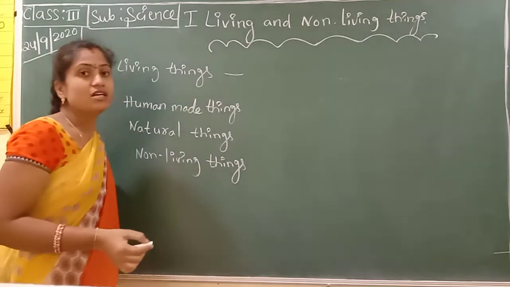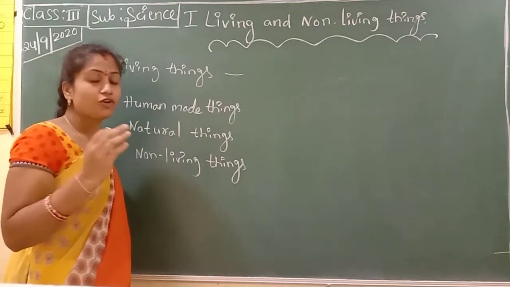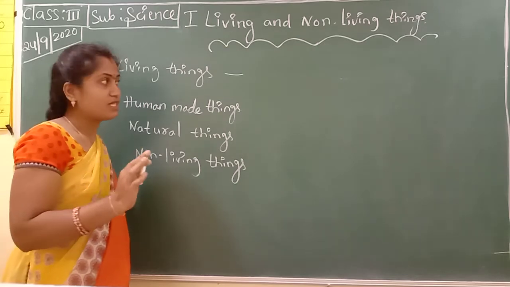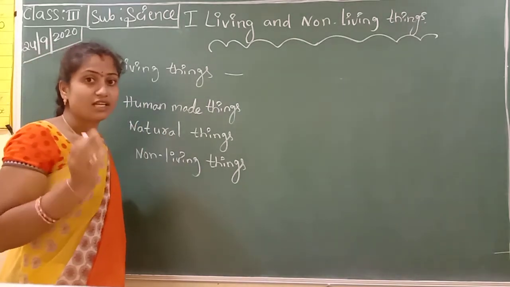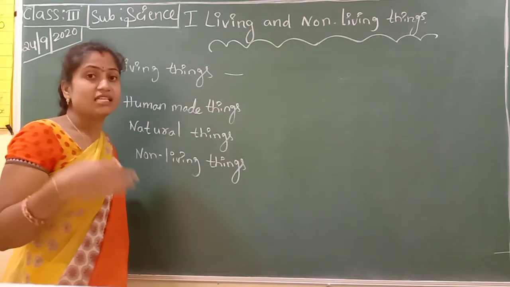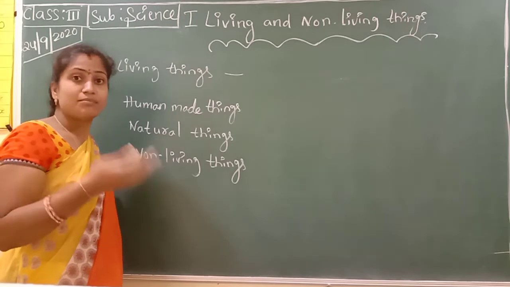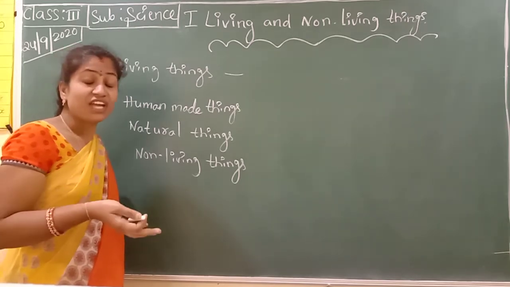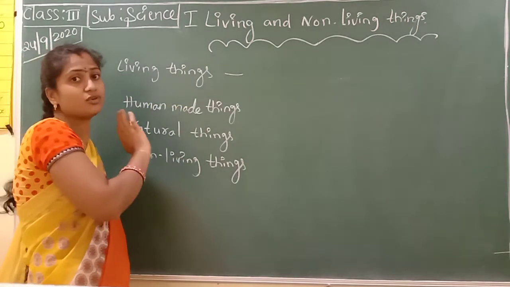So first we are discussing the living things. First of all, human beings, plants, animals, these all are the living things. Why? Because they need food, they can grow, they can breathe, they can feel, they can reproduce. Only living things do these.